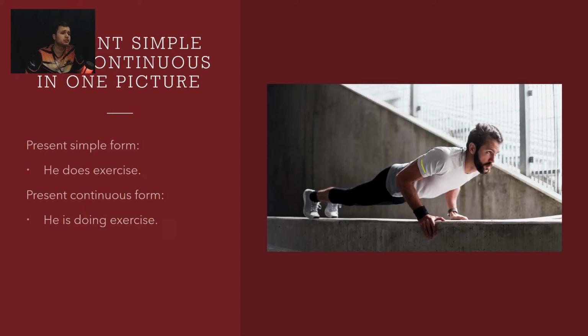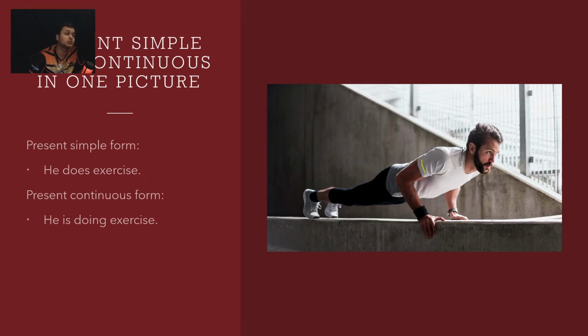And then we are going to see the difference between the present simple and the present continuous in only one picture. We can see this picture of this guy doing a push-up. In the present simple form, we say he does exercise.